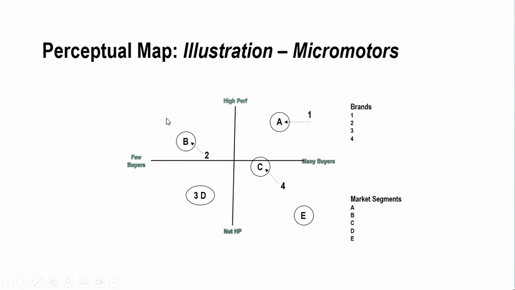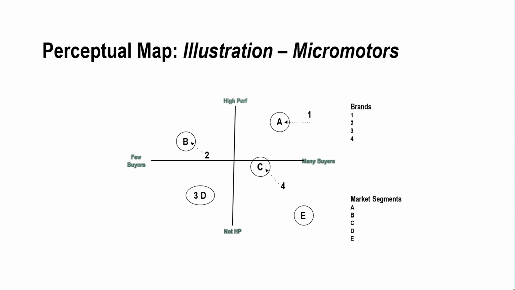So, this is another way. Suppose for a micro motor manufacturer of brand 1, we are looking at different market segments that are possible. Suppose A is automotive, B may be consumer durables, white goods and so on.